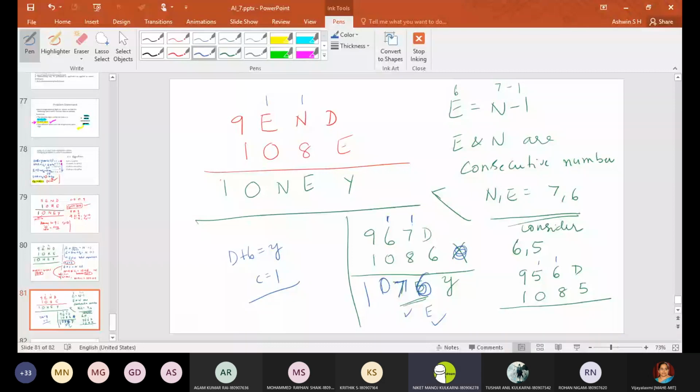So D plus 6 is equal to 10 plus Y, correct. Can you tell me the value of D and Y?